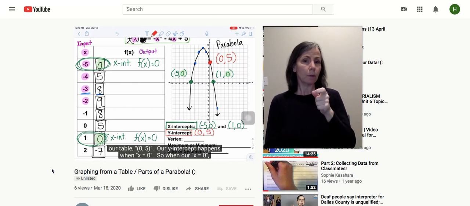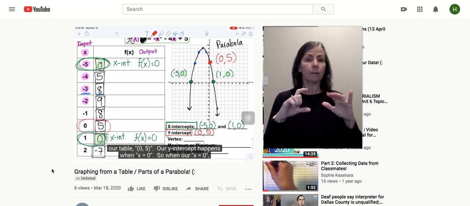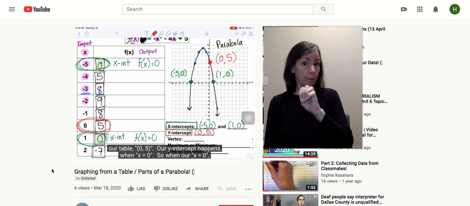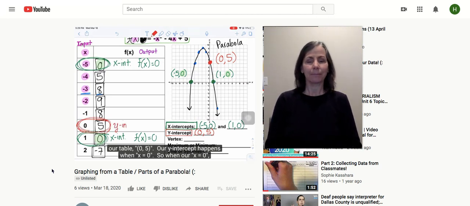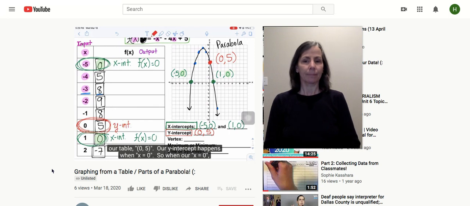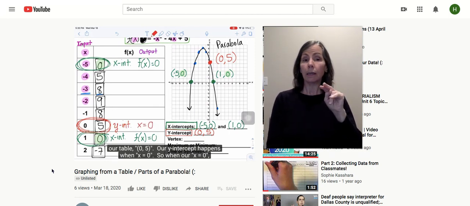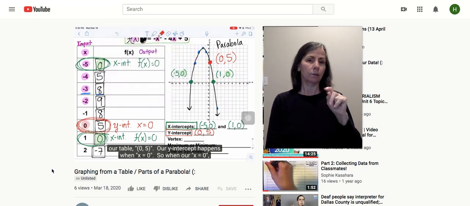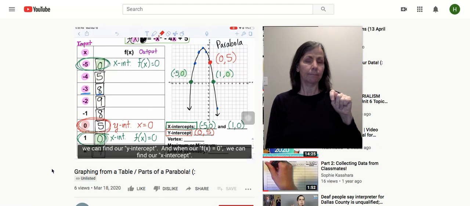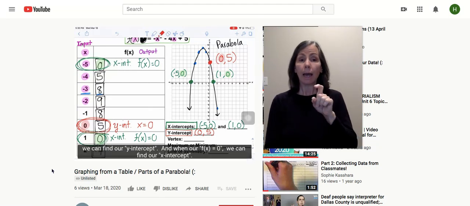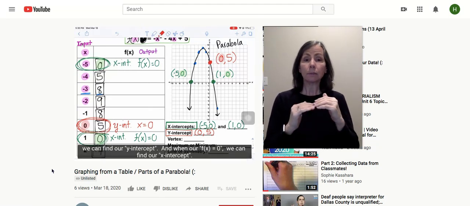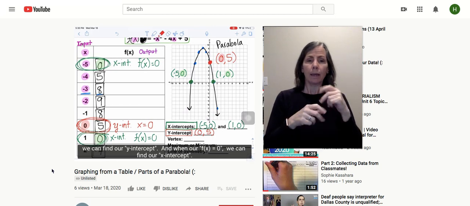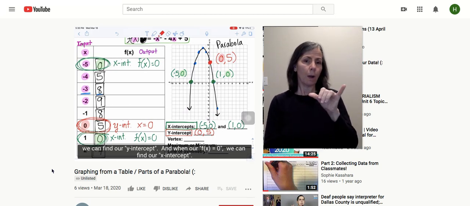And if we go to our table, 0, 5. y-intercept happens when x equals 0. So when our x equals 0, we can find our y-intercept. And when our f of x is 0, we can find our x-intercept.